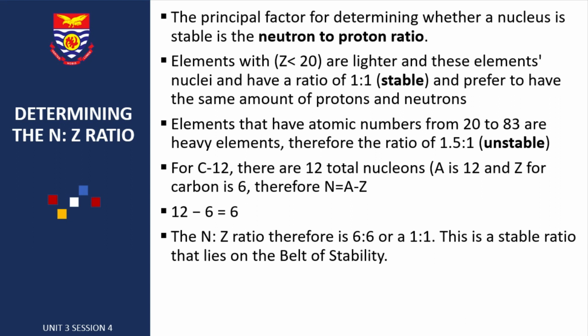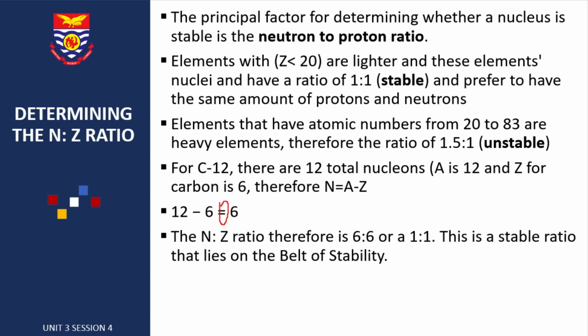An example is illustrated with carbon-12, where there are 6 protons and 12 atomic mass, which can help us to calculate the number of neutrons, and that will give us a neutron number of 6 also.